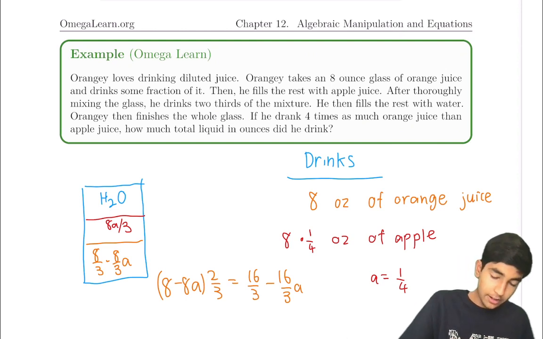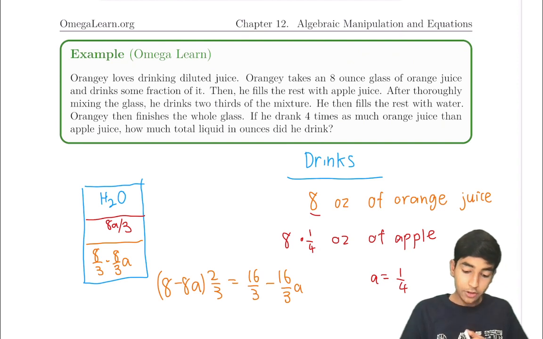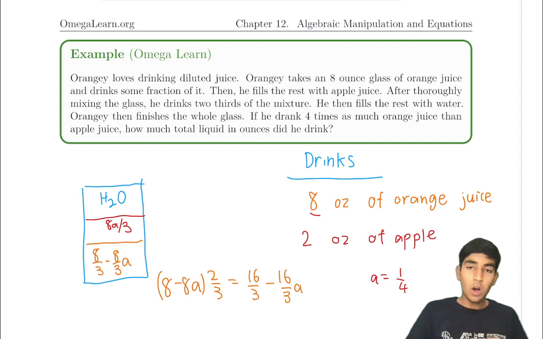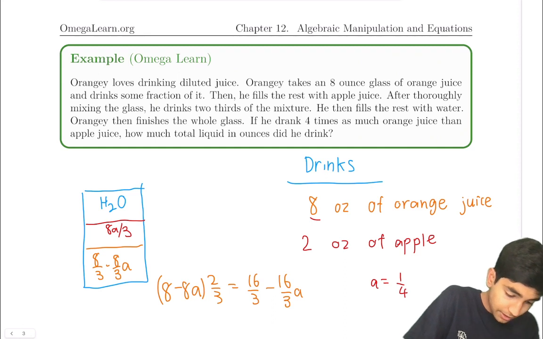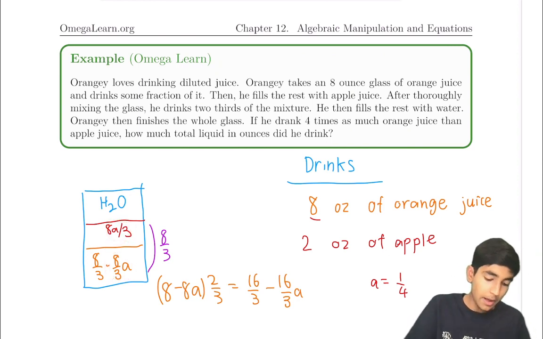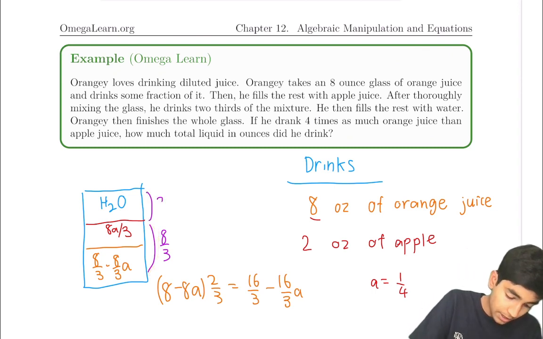We know he drank 8 ounces of orange juice, and 8 times a fourth, which is 2 ounces of apple juice. And how much water did Orangey drink? Well, notice here in the glass, there's 8/3 ounces of juices. If you add these two quantities up, the negative 8/3 A and 8 over 3 A cancel, so there's 8/3 ounces of juice left, and that leaves 8 minus 8/3, which is 16/3 ounces of water.